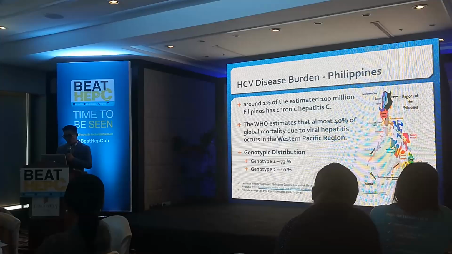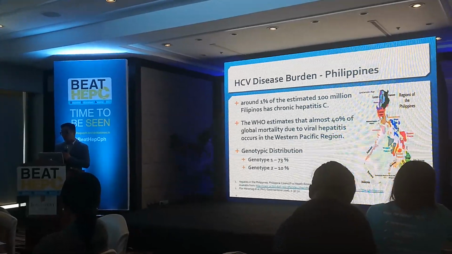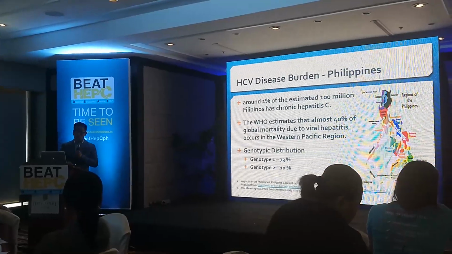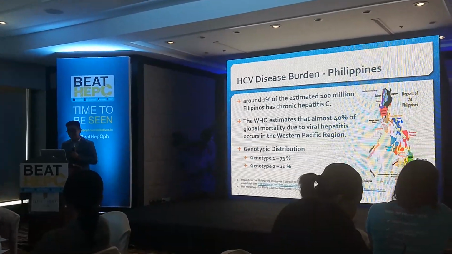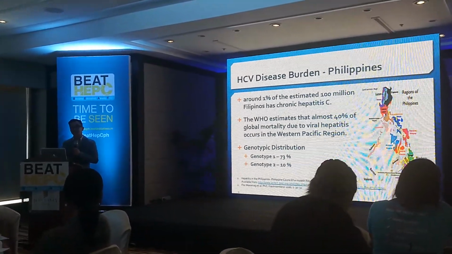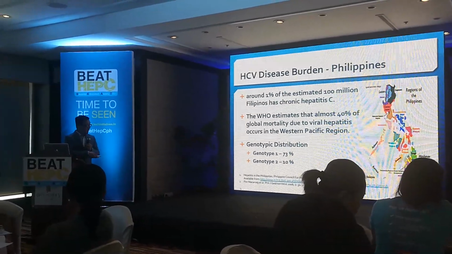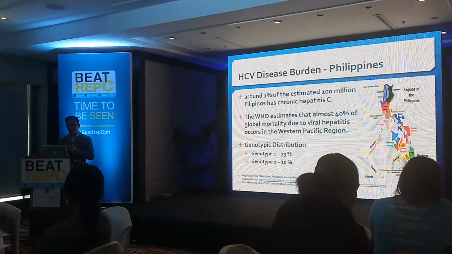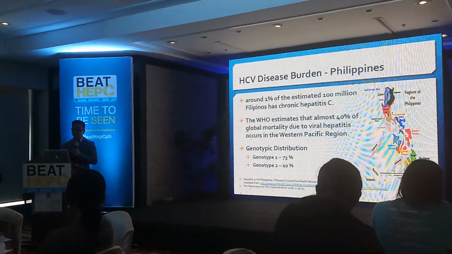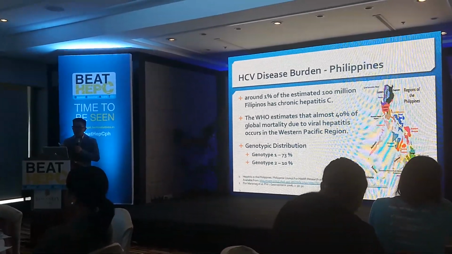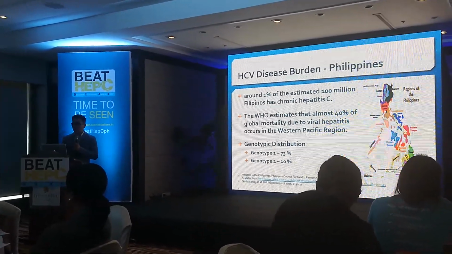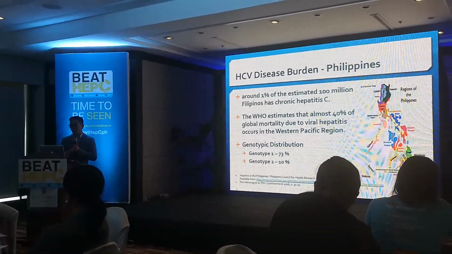Before the advent of the DAAs, which is the treatment we will discuss today, genotype 1 was the hardest to treat during the pegylated interferon era. But now, because of the effectiveness of the available medication, whichever genotype you have, the response to treatment is almost the same.